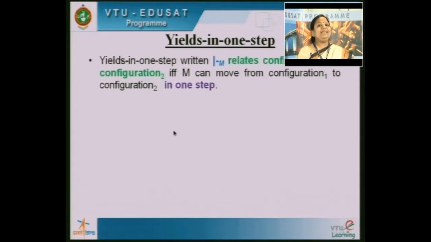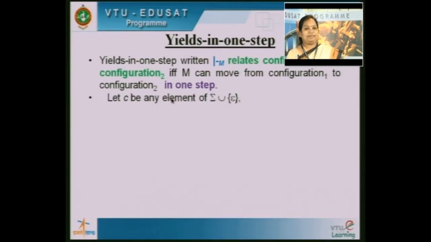As we derive a string in the context free grammar, similarly here we obtain the yield for each of the rules which derive a string from the pushdown automata, and that is called yield in one step, written with this symbol, which relates configuration 1 to configuration 2 if and only if M can move from configuration 1 to configuration 2 in one single step.